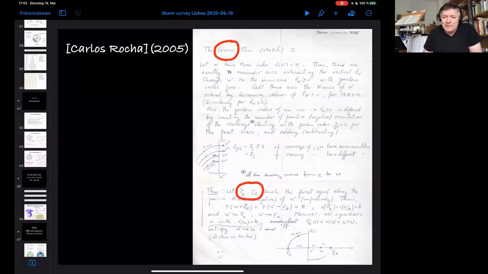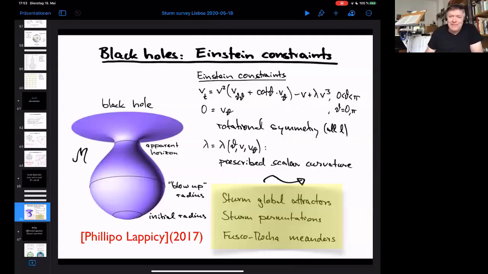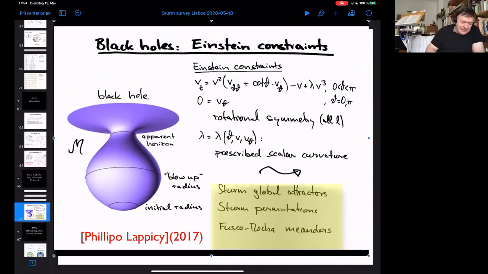I'm sorry for Pedro Girao. I will skip the... no, I will not skip. So if you want to see how this relates to satisfying Einstein constraints inside black holes, you have to contact Filippo Cesi, who has the best results on this in terms of rotational symmetry. This is a class of equations which falls into the parabolic thing, which I just said.